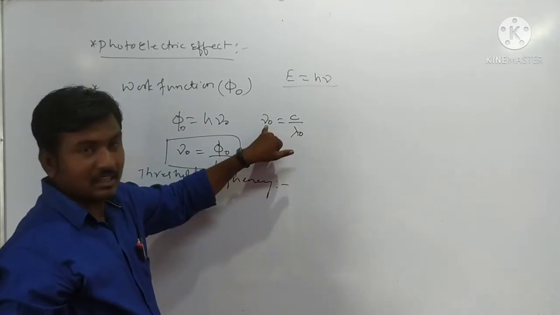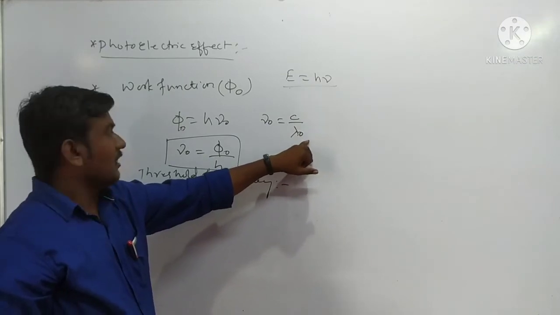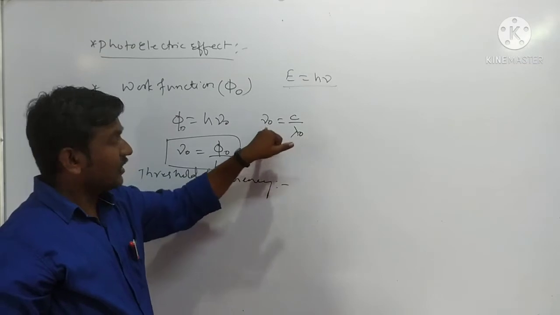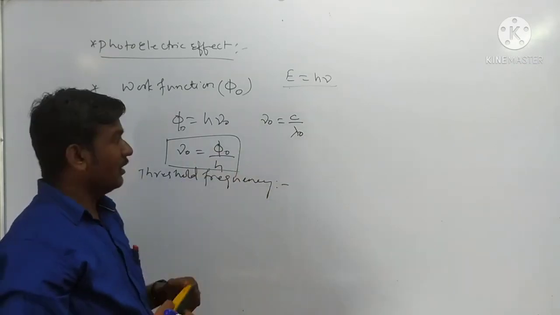If the threshold frequency is large, the threshold wavelength will be very small. If the threshold frequency is less, the threshold wavelength will be large.